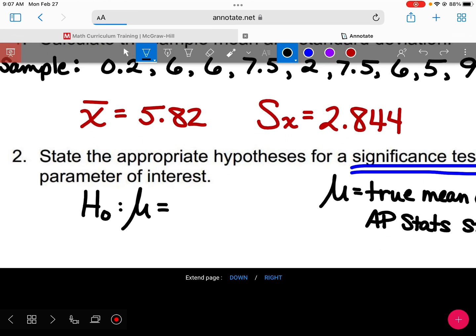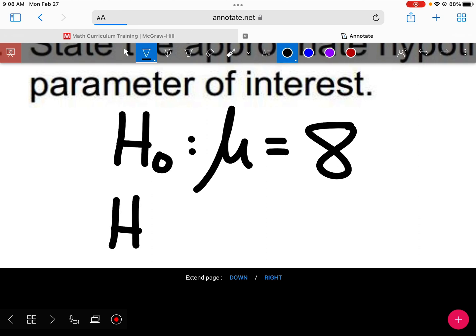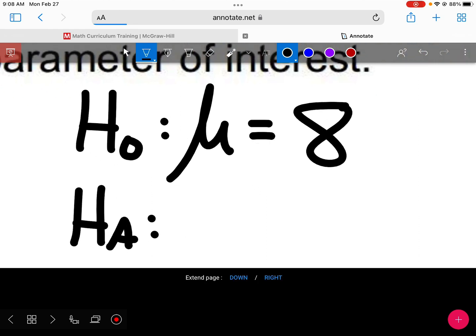All right, so that defines mu. I think that my students are getting what? Less than 8 hours. So I'm going to let the null hypothesis be equal to 8 hours. And the alternative hypothesis would then be that the mean, mu, is what? Less than 8.